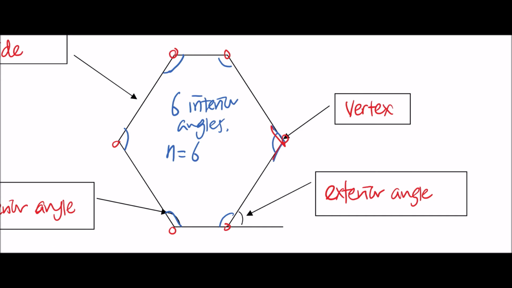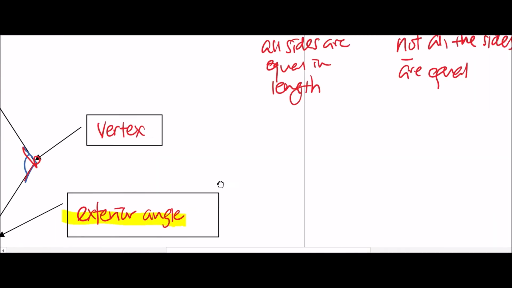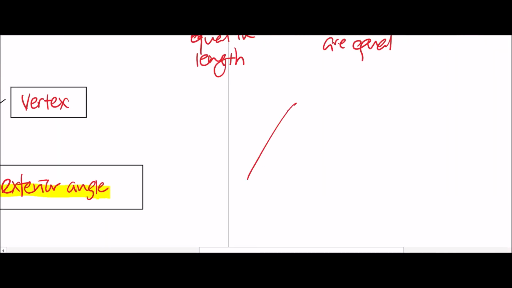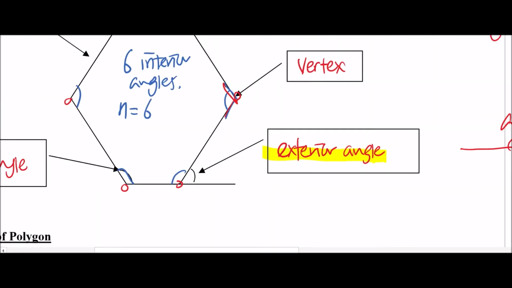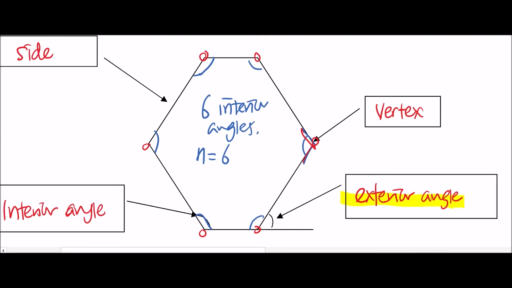And then remember this thing, exterior angle over here, right? Recall in the first part of the video series, we know how to calculate the exterior angle of a triangle, right? So recall, the exterior angle of a triangle is the sum of the two opposite interiors. So in this case, A equals B plus C. But this is not true for any other polygons.